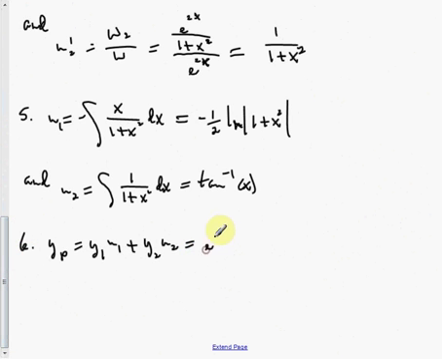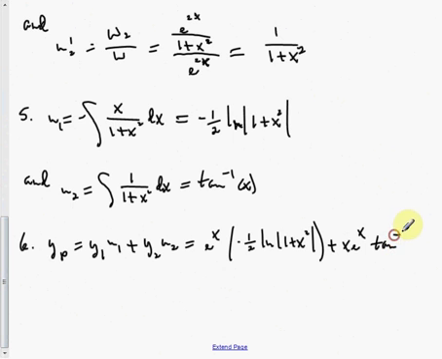So y sub 1 was e to the x, and the u sub 1 is negative 1/2 the natural log of 1 plus x squared, plus y sub 2, which is x times e to the x times u sub 2, tan inverse of x.